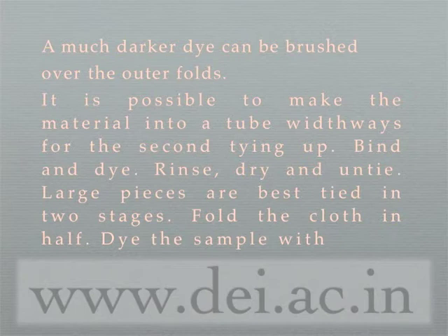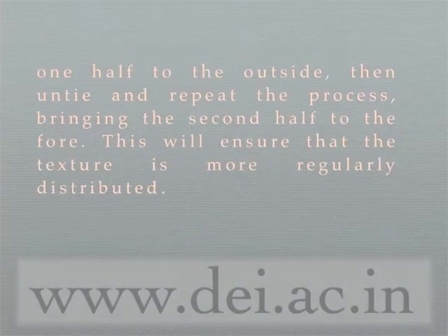Fold the cloth in half, dye the sample with one half to the outside, then untie and repeat the process, bringing the second half to the fore. This will ensure that the texture is more regularly distributed.